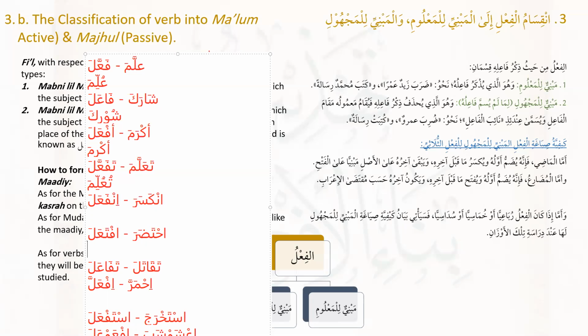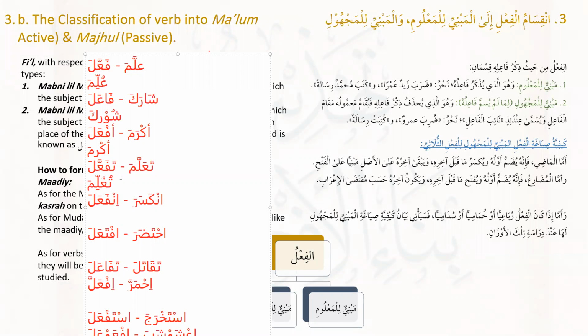Now you have to refer to your natural understanding of this principle. How would you apply it to this word? You should know that this alif is hamzat al-wasl, and it's here because we need it right now.